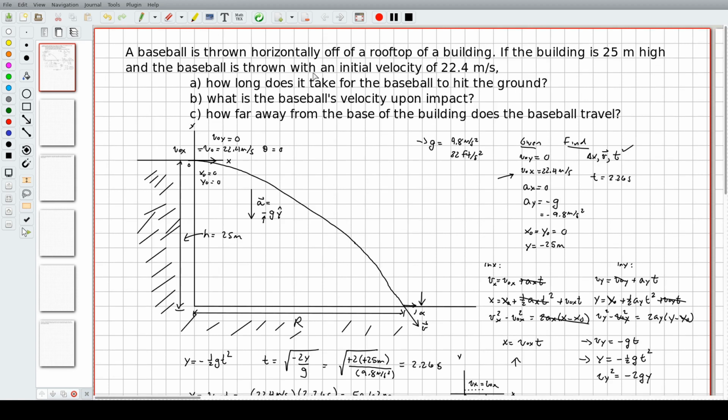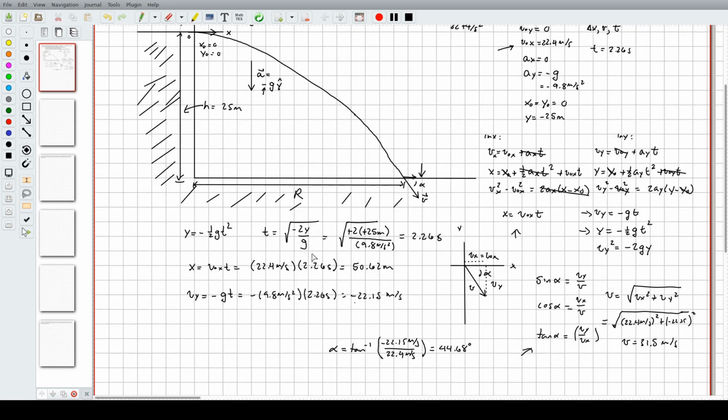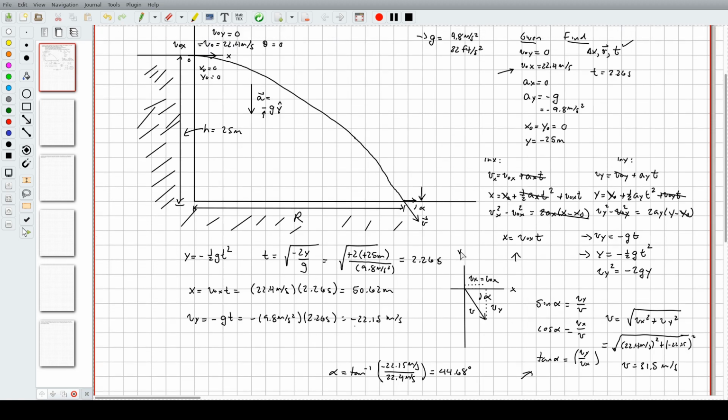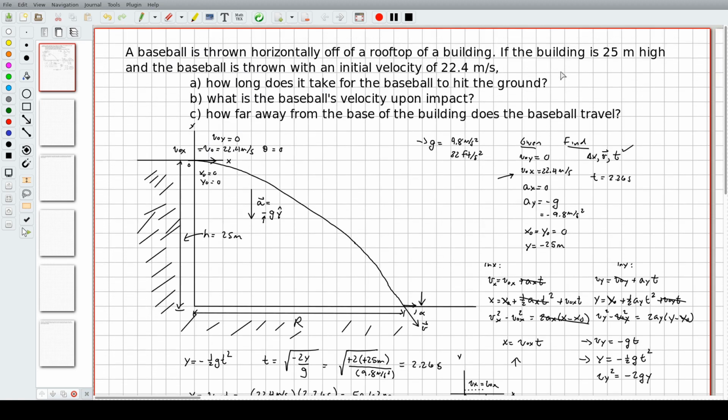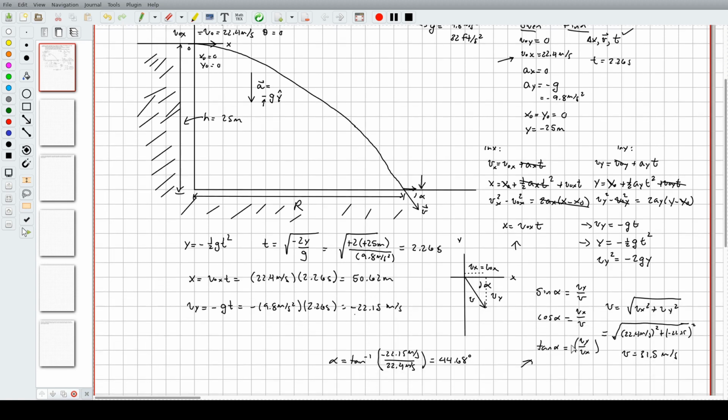In terms of what the answer is, how long does it take for the baseball to hit the ground? Well, just looking here, I see 3 sig figs here, 2 sig figs here. We're going to have to round it to 2. The time we got was 2.26 seconds, so about 2.3 seconds. How long? 2.3 seconds. Okay. What is the baseball's velocity upon impact?